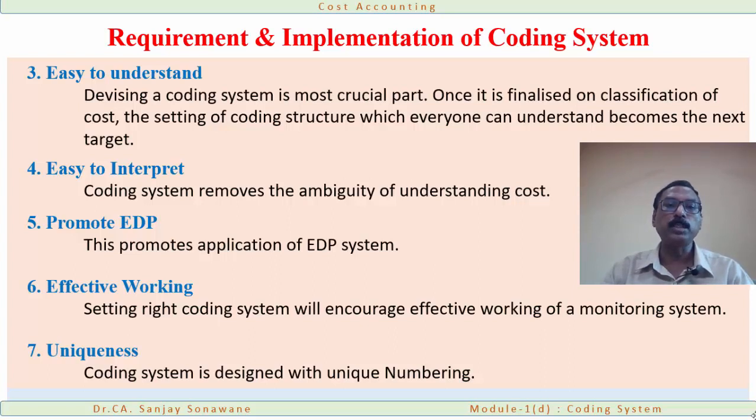And the last one is, whatever coding system we develop should be designed unique. It should have a unique numbering. It means the same code should not be given to anything else under any circumstances. Because if the same code is given for something else also, then it will create complications because we will not be able to reconcile exactly what that code is.